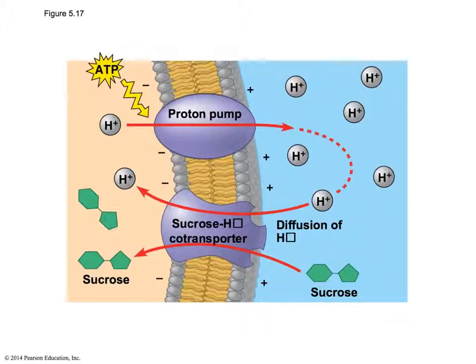This is an example of a symport protein, S-Y-M-P-O-R-T. With a symporter, the two substances you're moving are moving in the same direction. So an antiporter and a symporter, but those two substances are transported together.